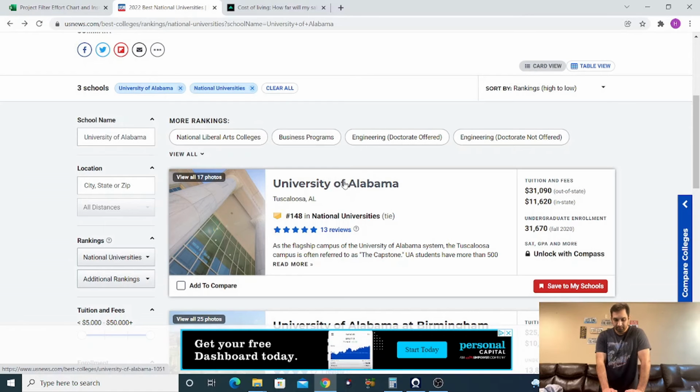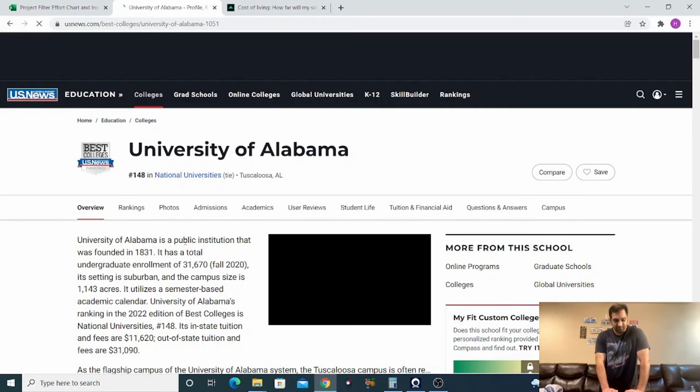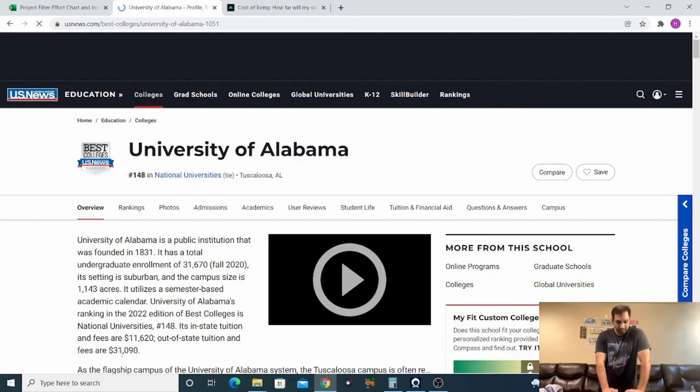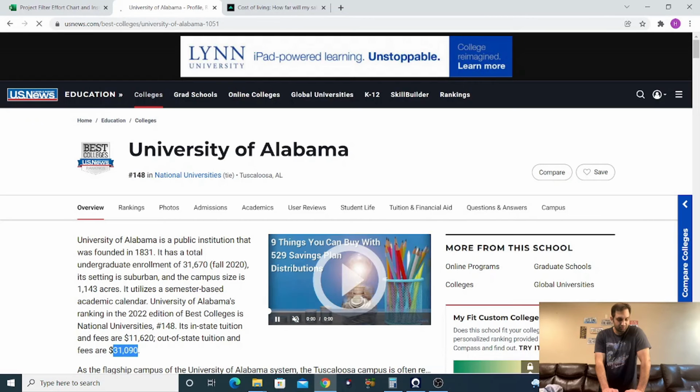If you click on this, you can see that this is a public institution, so the tuition and fees is going to be lesser. You can see it's 31,000. So one thing to note is that they have an in-state tuition and an out-of-state tuition. So as an international student, you would always pay the out-of-state tuition.